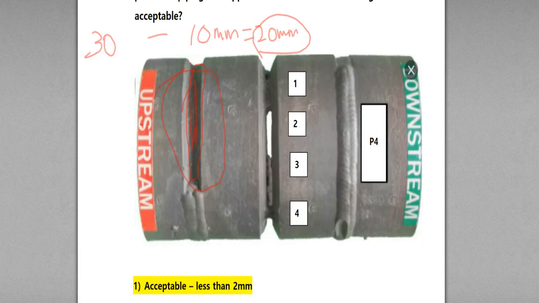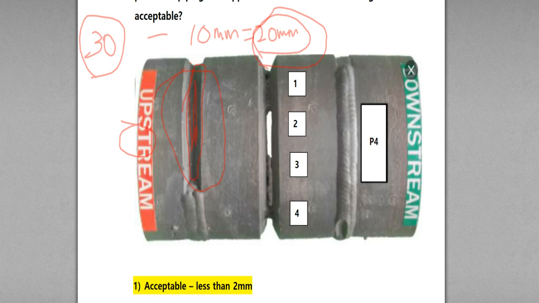The thickness of the pipe is 30 millimeter, and the deposited weld thickness is 20 millimeter. 25% of 30 millimeter is 7.5 millimeter.